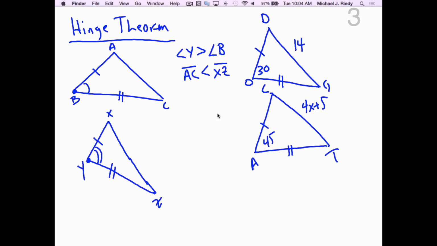All right, what do you know about x? Apparently that's nothing. Which side's bigger, DG or CT? CT. Does everybody understand why? Two congruent sides, one angle bigger than the other, therefore the other side is greater. So 4x plus 5 is greater than 14.